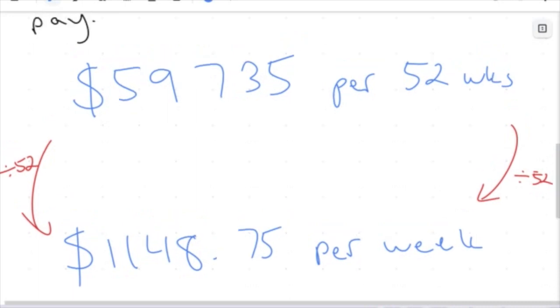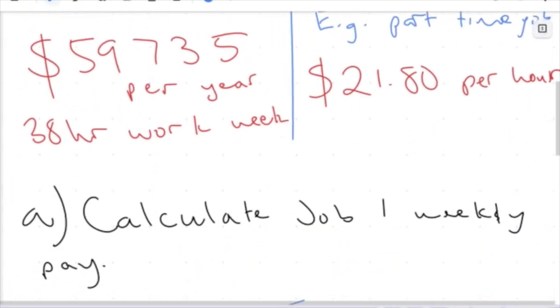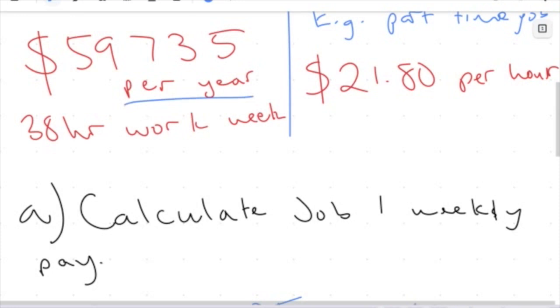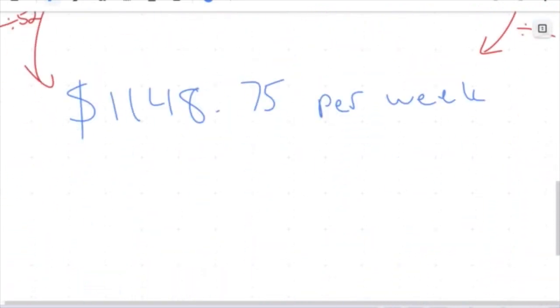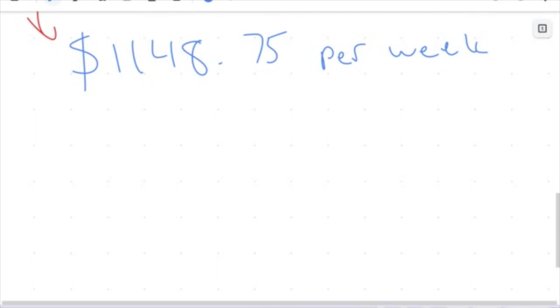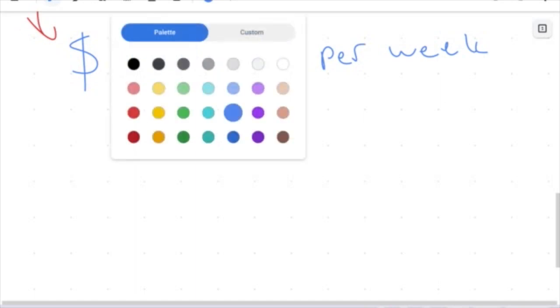So we've got a salary, which is always per year, and we want to find this per week. If we know there are 52 weeks in a year, we can divide by 52. So that gives us our weekly rate of pay, our weekly income, what we make at the end of each week.